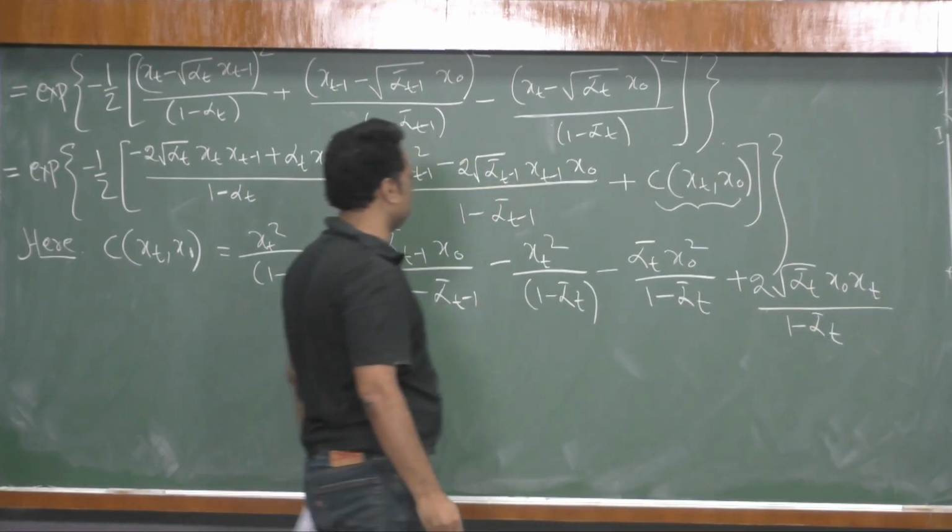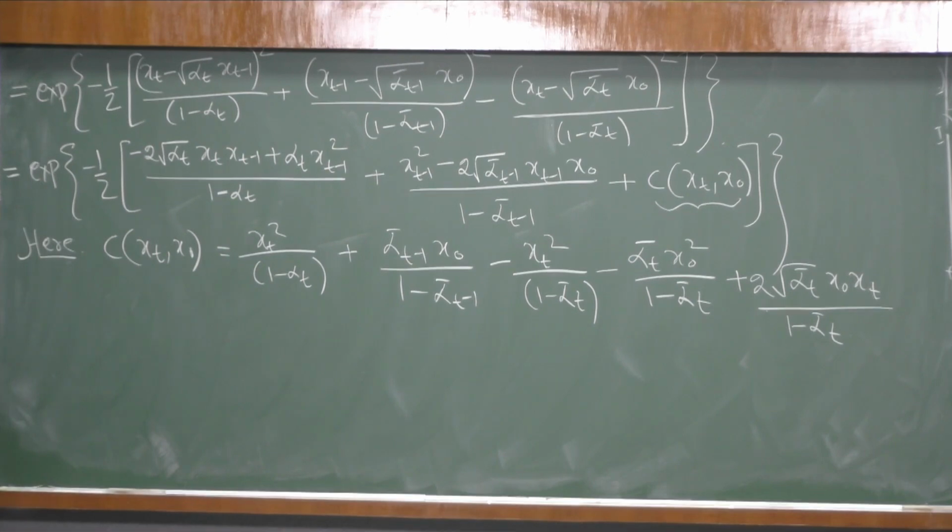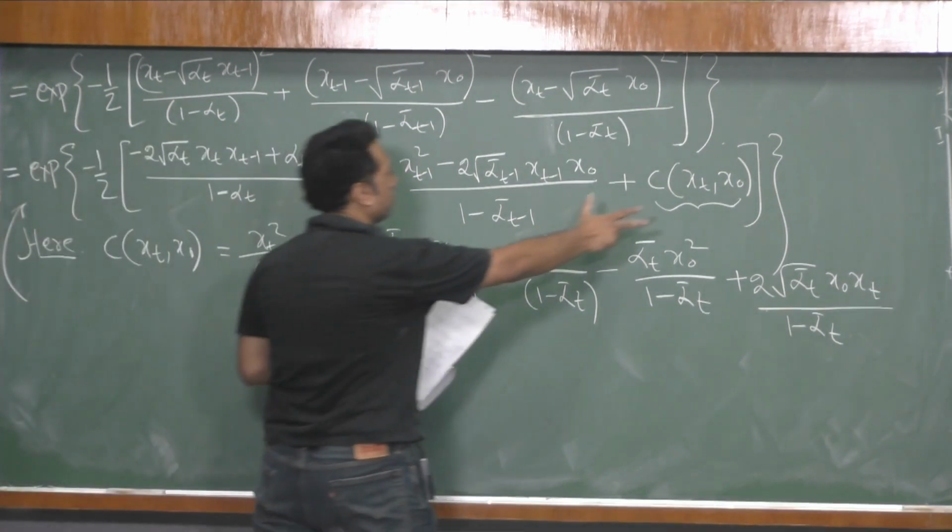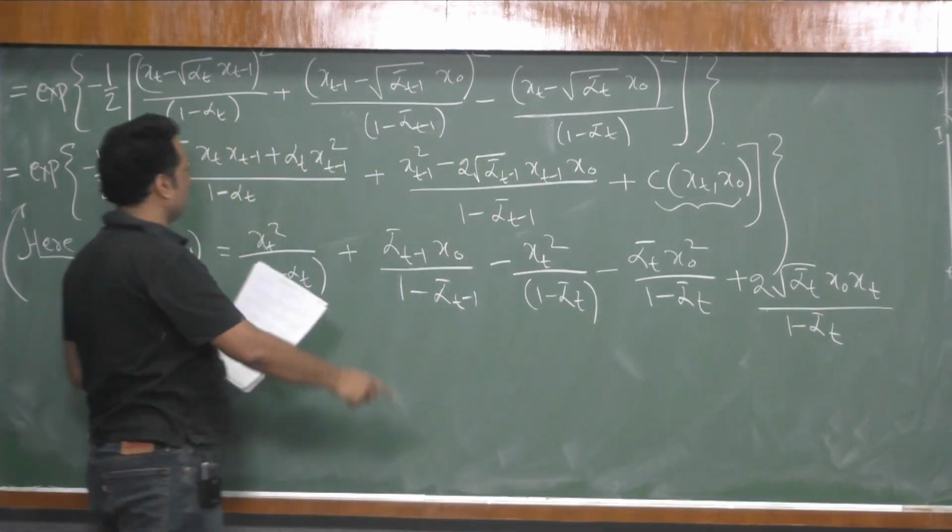So as you can see, C is this term, basically x naught xt, a product of them. So this is being separated out for the moment, but we will bring this term later on. So now we will continue from what we have. In fact, we can even forget this term for the moment and just work with these.